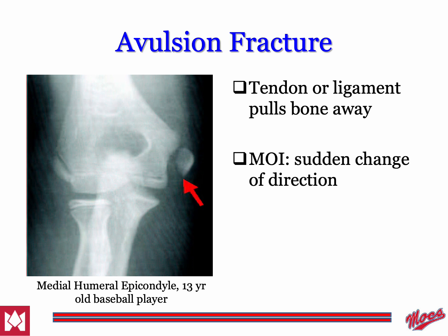So again, most of the time it happens with a sudden change of direction. Obviously, it would also have to have a high amount of force. So when we think about a baseball pitcher, right, they're continually changing direction, specifically of their arm, right?